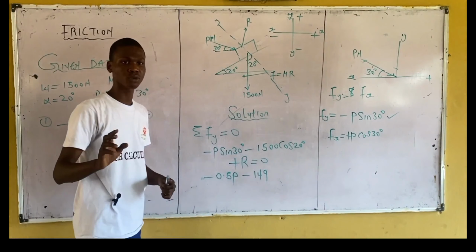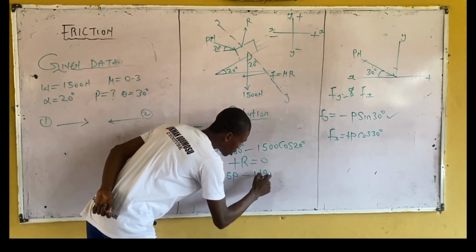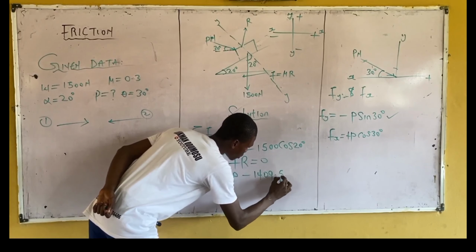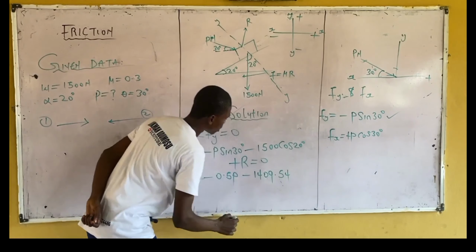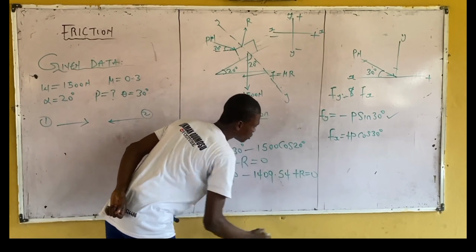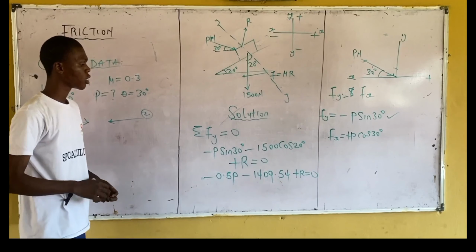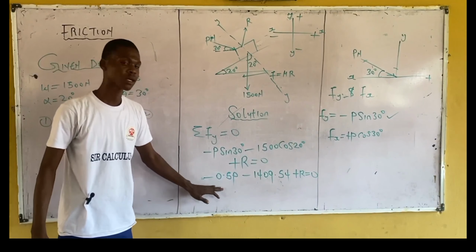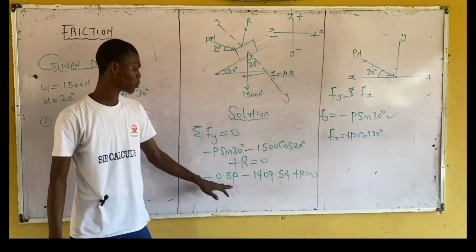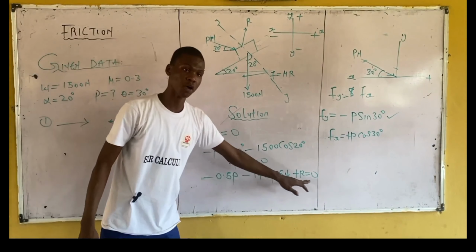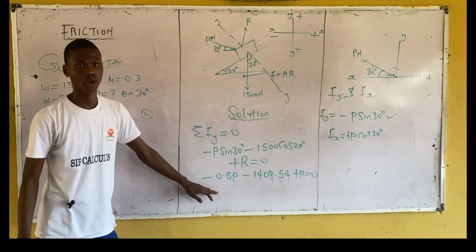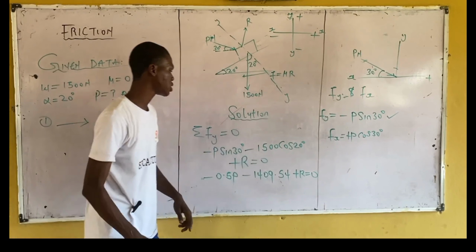Please don't approximate. Then plus R, plus R equals 0. We have two unknowns here. You can make P the subject of the formula, or you make R the subject of the formula. Let's make R the subject of the formula.